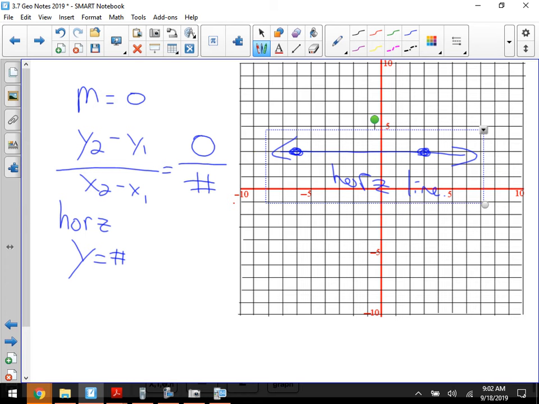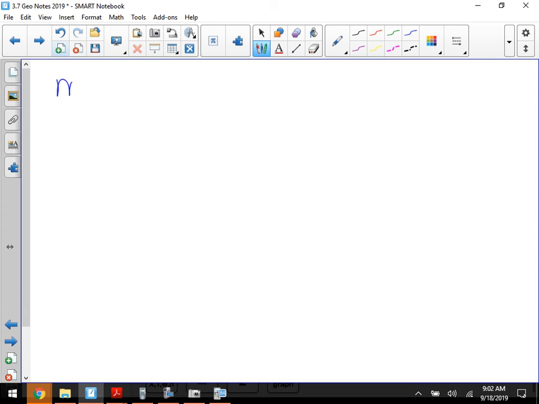Now the difference between that and a vertical line: horizontal lines go left and right, verticals go up and down. So when you look at what we call our undefined slope, we look at the graph again.